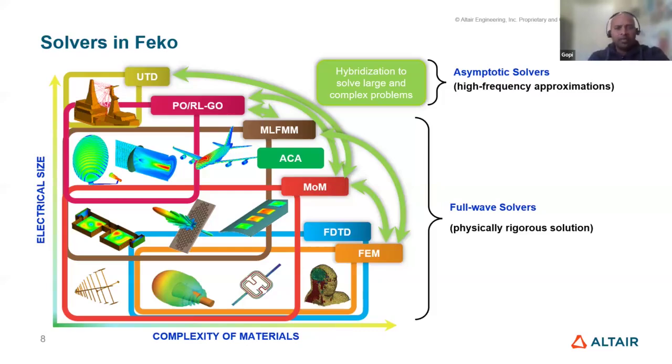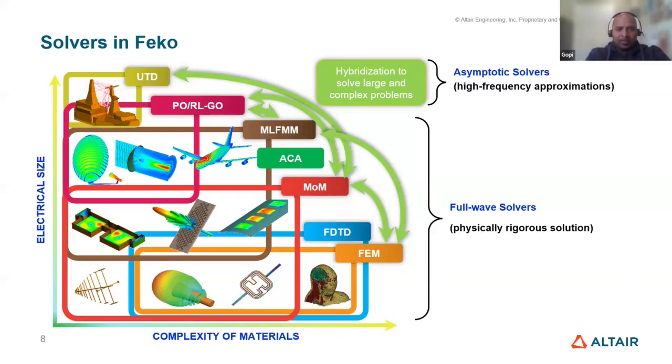Okay. And the chart here can also be used as a guide to decide when to use which solver, depending on the electrical size as well as the complexity of the given problem. Okay. So if you're dealing with electrically small structures, which are also complex, which need some fine discretization, then we would recommend using the finite element method or finite difference time domain, as well as the method of moments.